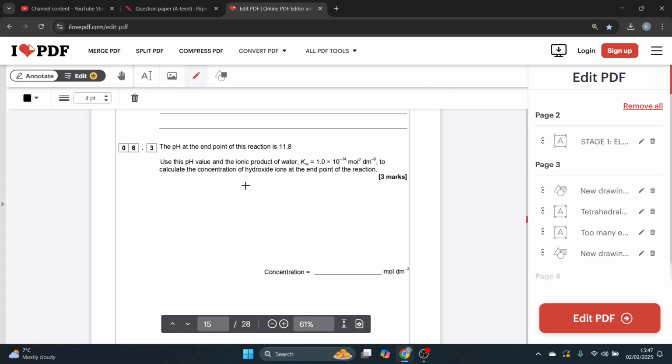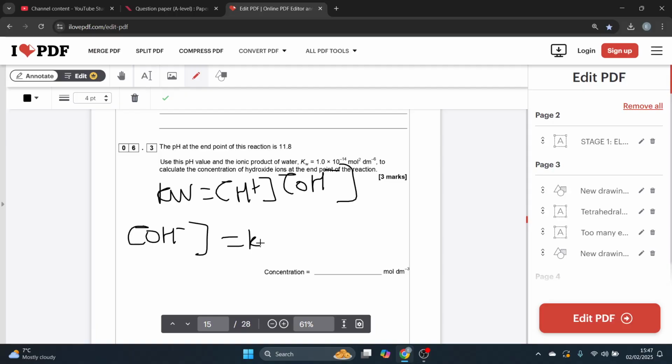Use pH value and ionic product of water to calculate concentration of hydroxide ions at end point of reaction. So I'm going to be using Kw, ionic product of water, which is equal to concentration H plus multiplied by concentration OH minus. I want to find out concentration OH minus ions, which equals Kw divided by concentration H plus ions.